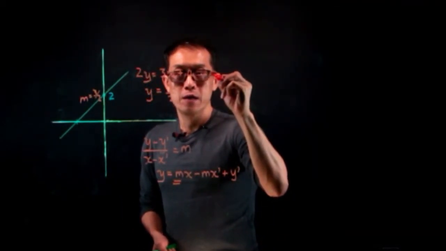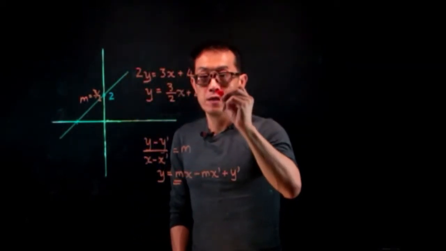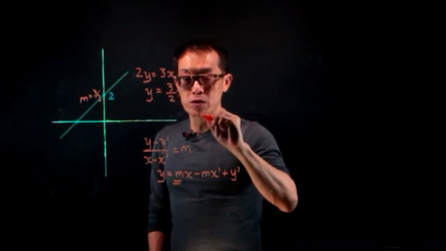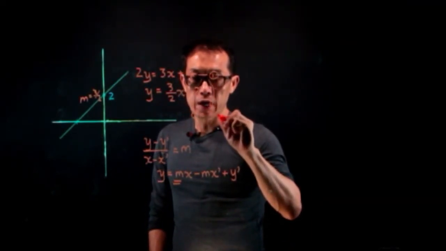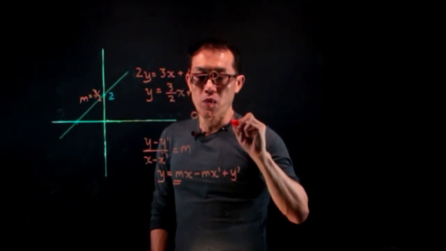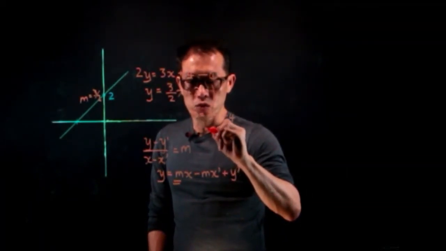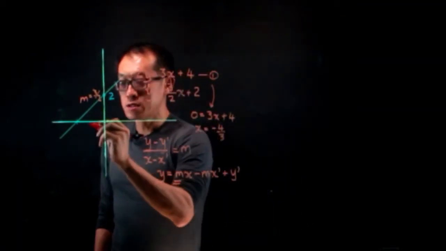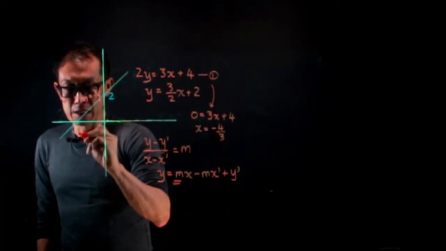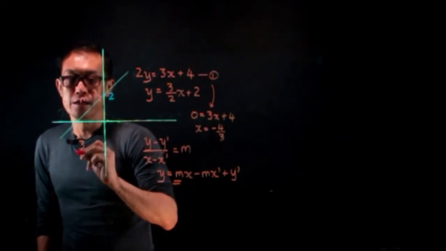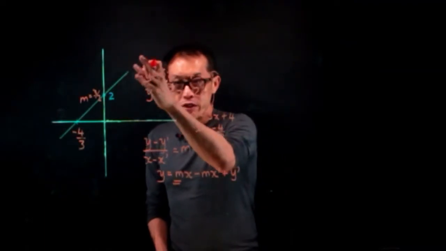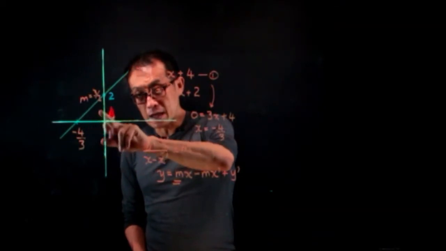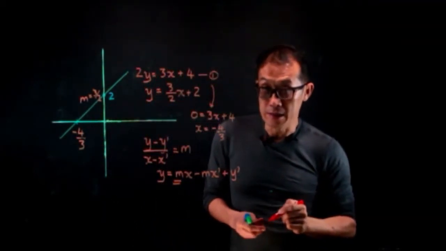So what will you get? From here, you will get 0 equals 3x plus 4. So x equals minus 4 over 3. So the x-intercept is minus 4 over 3. Okay? So with the equation of the line, we can get its gradient, its x-intercept, and also its y-intercept.